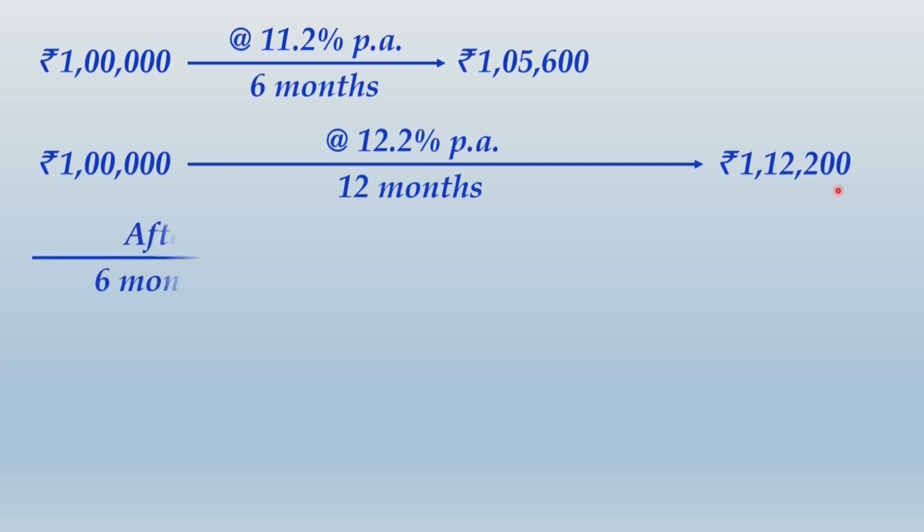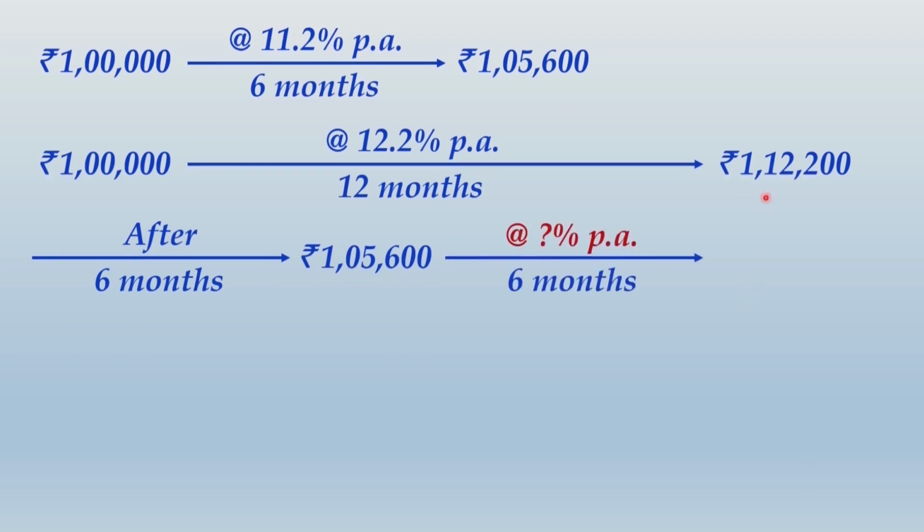So, if you would want to borrow after 6 months, the value after 6 months is 1,05,600, and we don't know at what interest rate, but we know that this amount after another 6 months would get a maturity value of 1,12,200. So we have 3 different values, right?